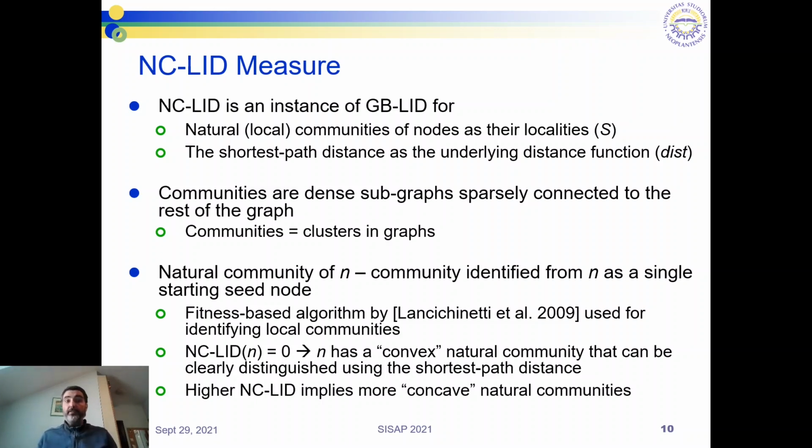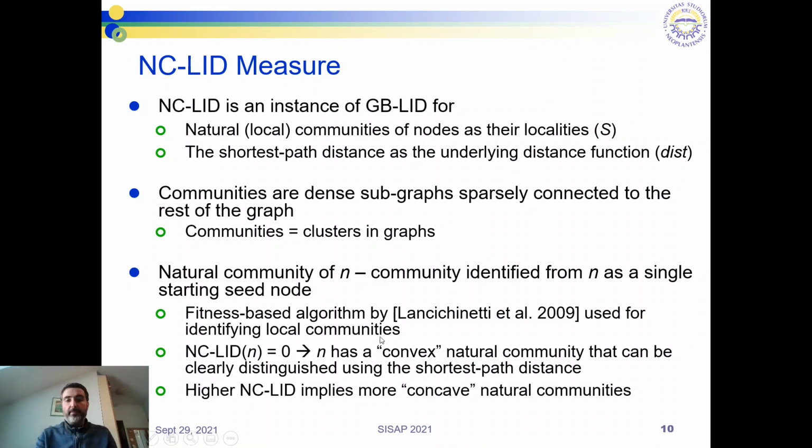So what are communities? They're basically dense subgraphs. There are densely connected nodes with each other and sparsely connected with the rest of the graph, like clusters in graphs. And natural communities are usually identified from a given node, starting as a seed, and then using some sort of search or fitness-based algorithm.